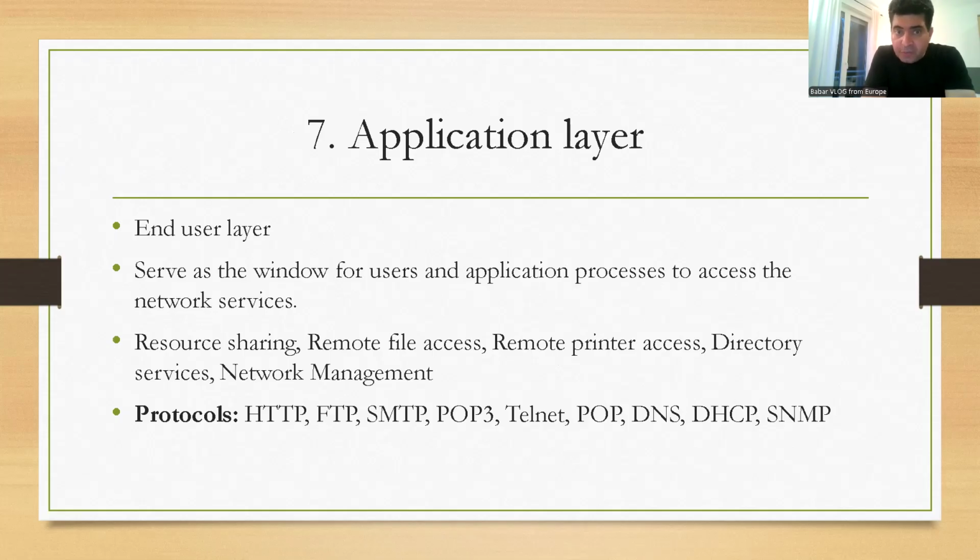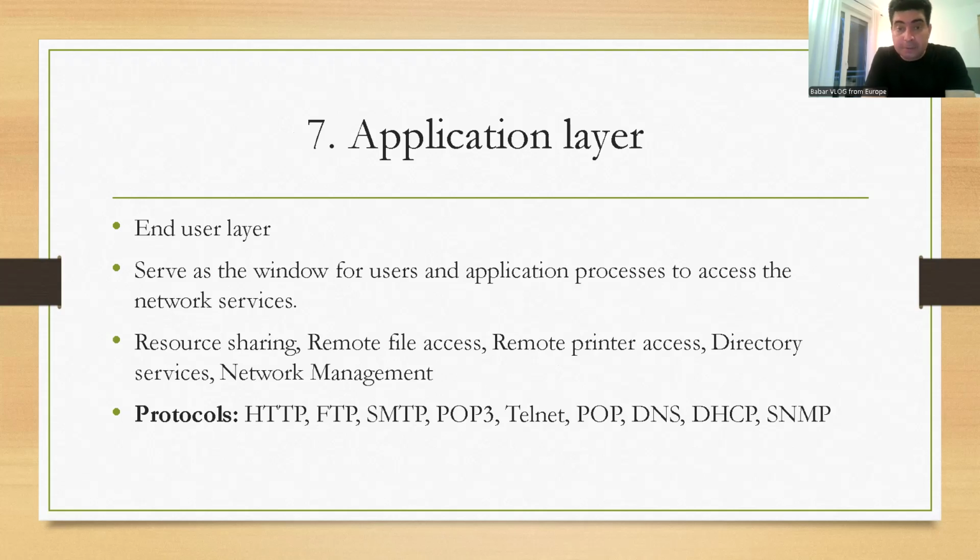Resource sharing includes remote file access, remote printer access, directory services, and network management. Whenever you access a printer remotely, or share network devices, that's at the application layer. The protocols we use are HTTP, HTTPS, FTP, and SMTP for mail.